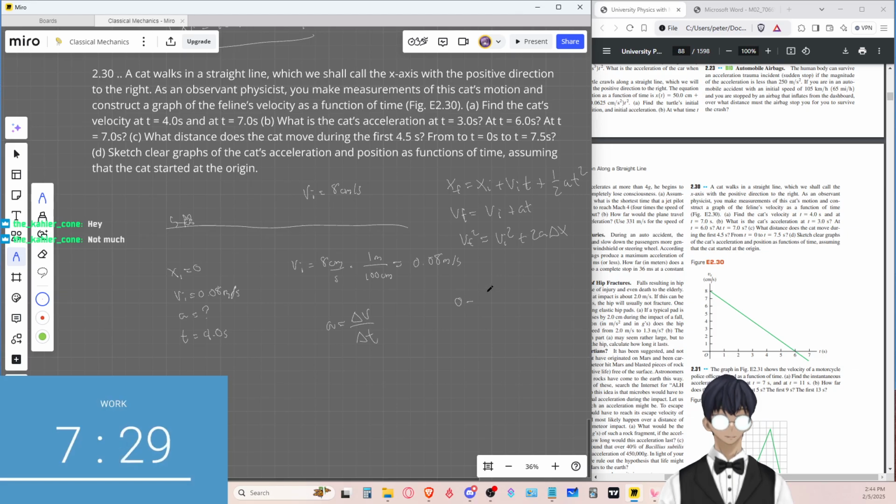If the velocity is 0 and the initial velocity is in meters per second, divide that. That tells us the acceleration when it's at 6 seconds.